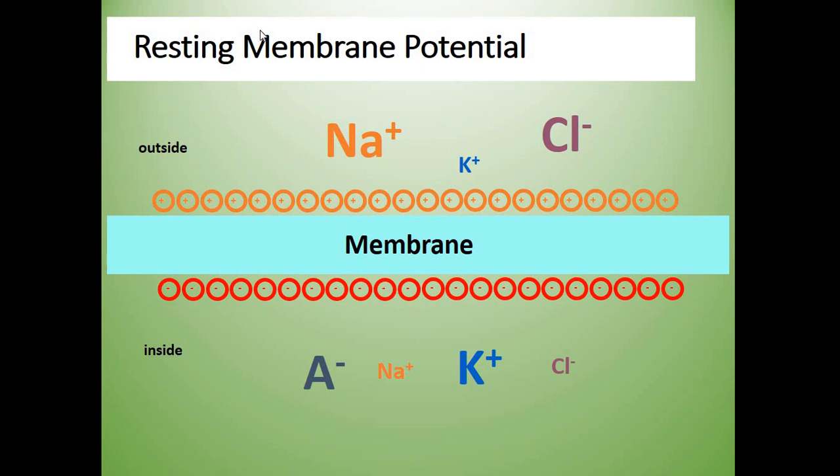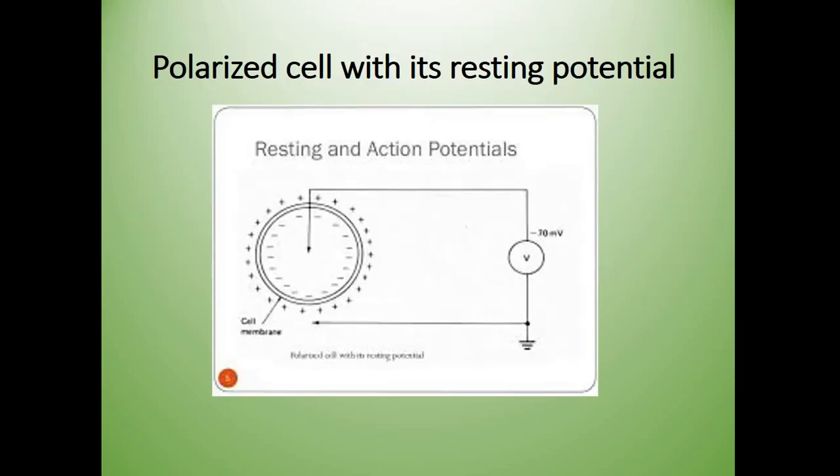It has been pointed out that the membrane potentials in various cells range from about -60 to -100 millivolts. Under this condition, a cell is said to be in its resting state and is said to be polarized.